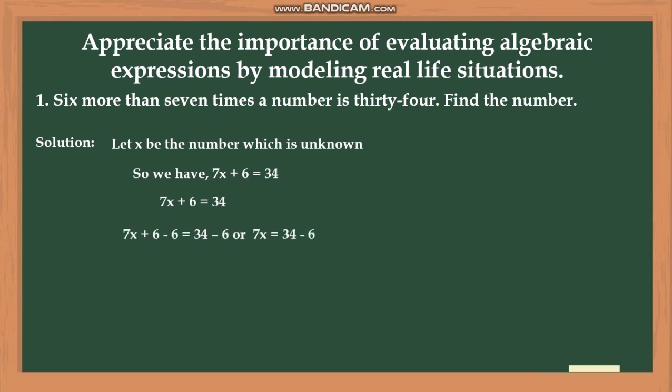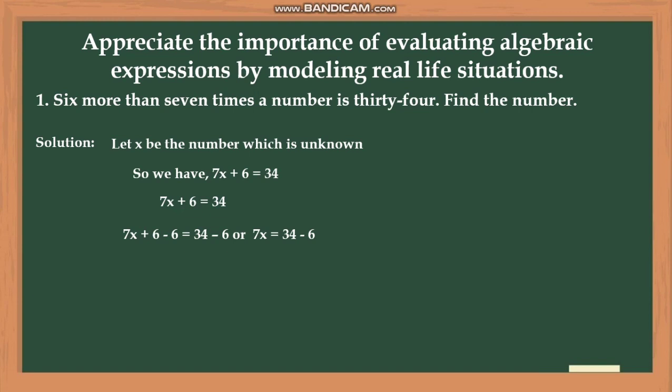Then simplify the equation. In simplifying, there are two techniques which are applicable, but you can try just one technique. 7x plus 6 minus 6 is equal to 34 minus 6. In this equation, I subtract 6 from both sides to cancel out the positive 6.